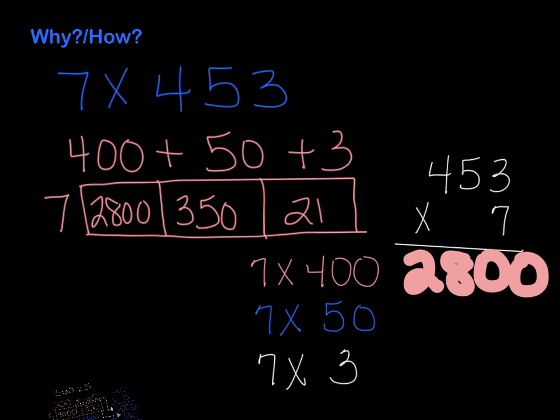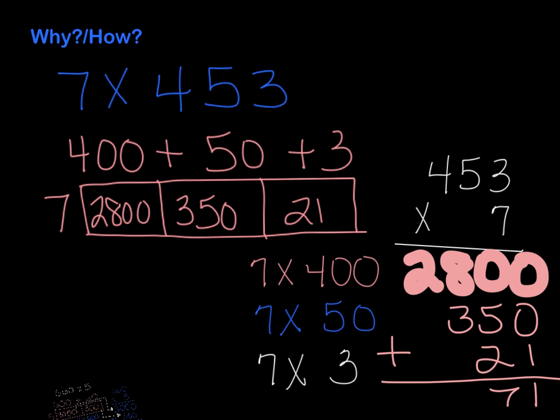Okay, and then we have our 7 times our 50, which is 350. And then our 7 times our 3, which is 21. And we're going to add all of those together. And that will give us a total of 3,171 as our answer for that problem.